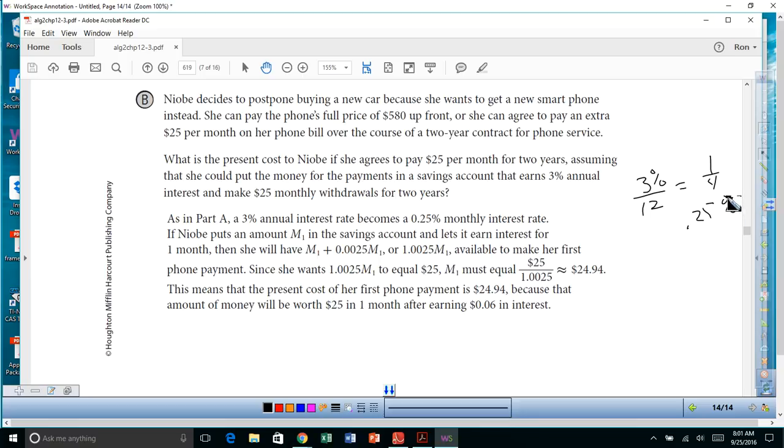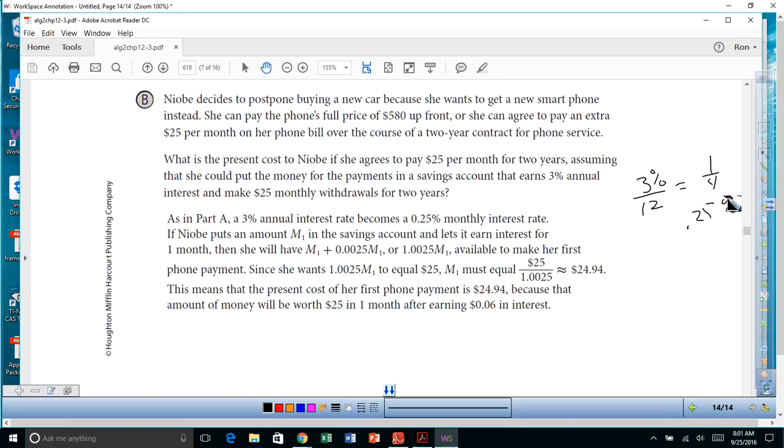All right. If Niobe puts an amount M1 in a savings account and lets it earn interest for 1 month, then she will have M1 plus 0.0025 M1, or 1.0025 M1 available to make her first phone payment.